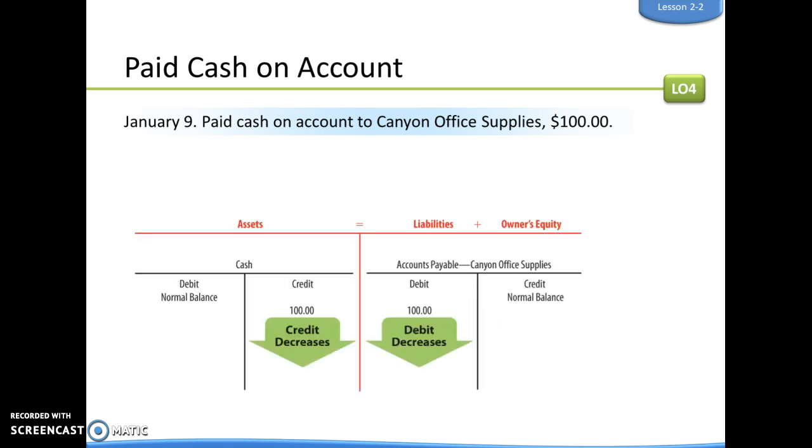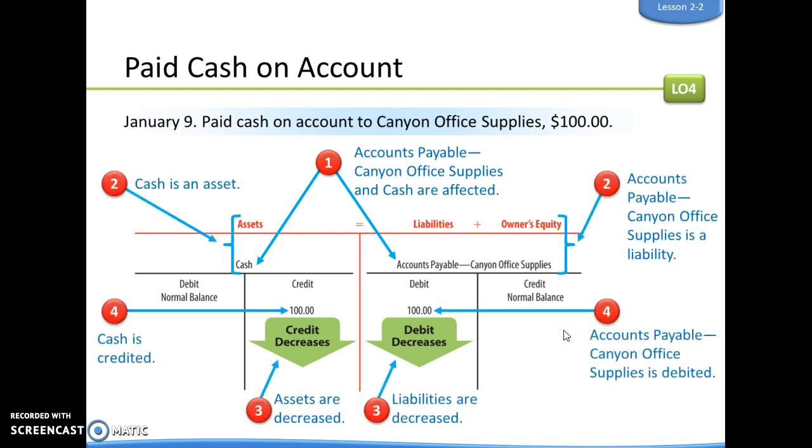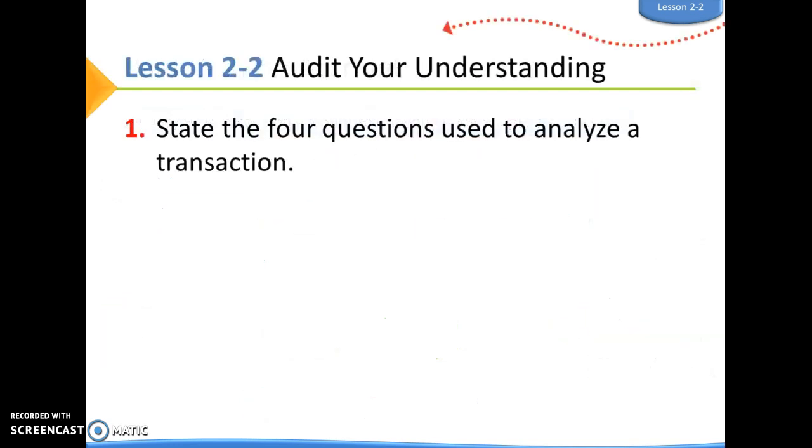Okay, so the asset is going to decrease on the credit side because we paid cash. Accounts payable is on the right side, and it's going to decrease on the debit side. That's a lot of work. I know.